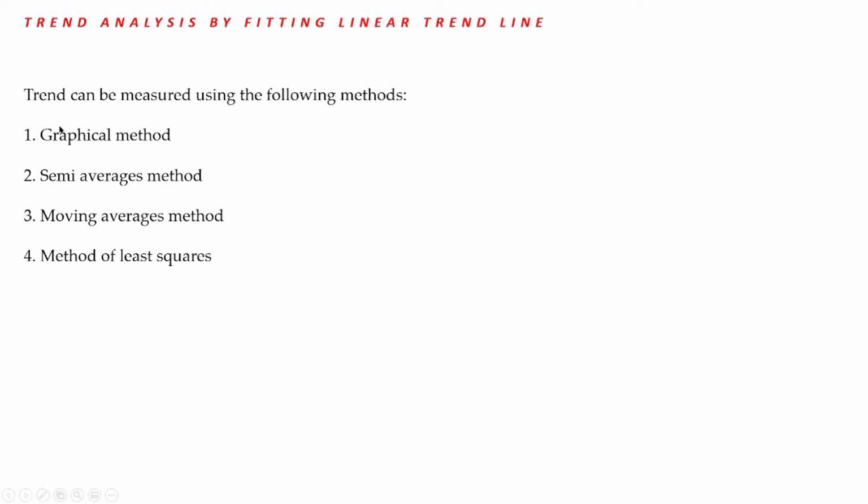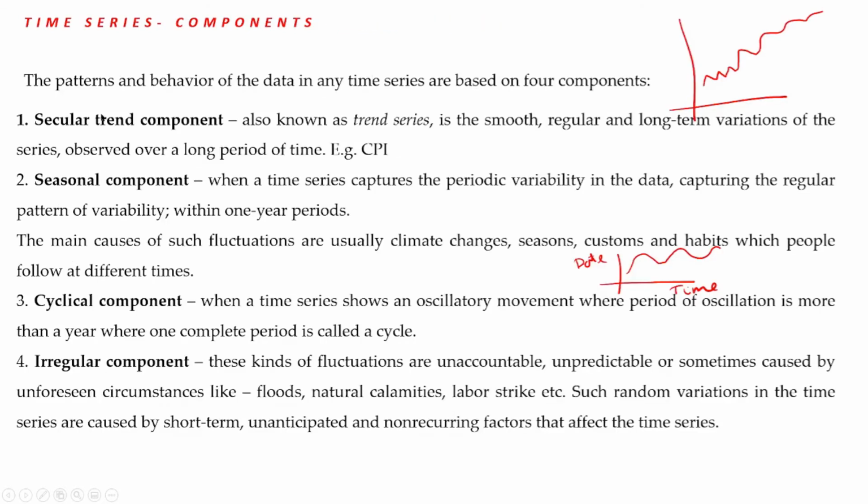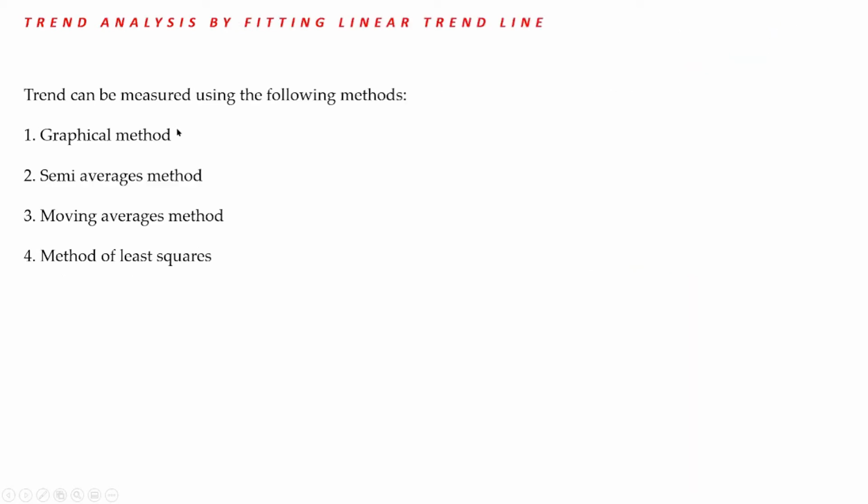Now we have trend analysis by fitting a linear trend line. So among all these components, we are trying to study the secular trend component. So this component we can measure using these methods. The first one is graphical method, where we plot a graph and draw the points and see how the variations occur.